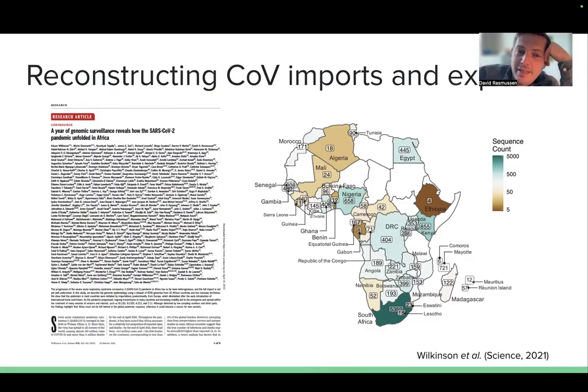But in the end, they were almost being punished for this effort, because as soon as new variants were being discovered in places like South Africa, travel barriers would go into effect, limiting the movement of South African citizens to Europe or to North America.